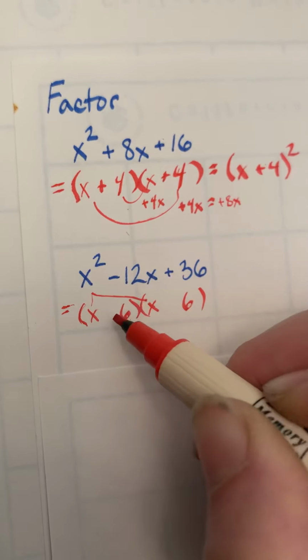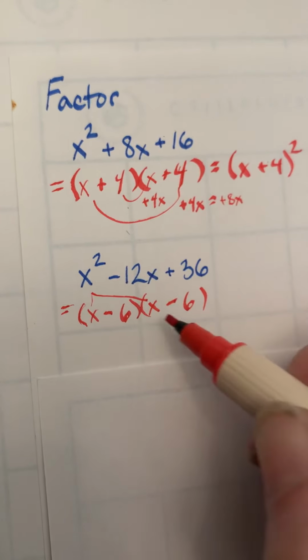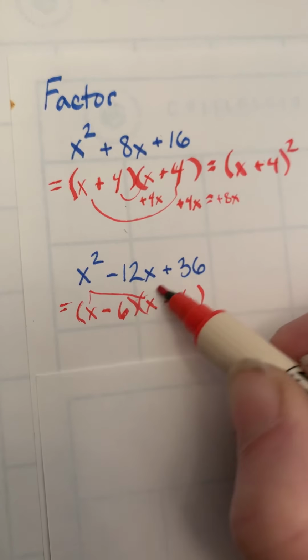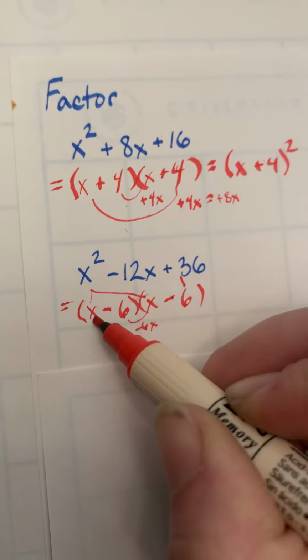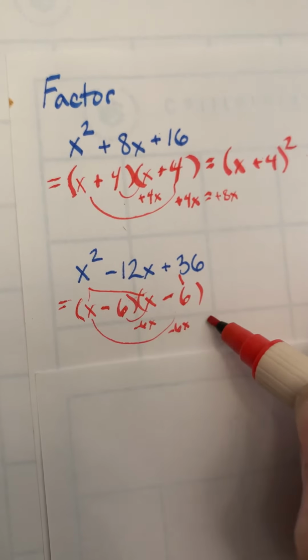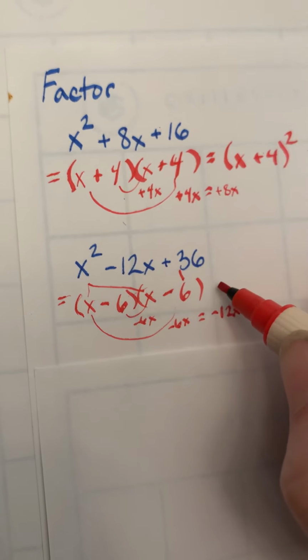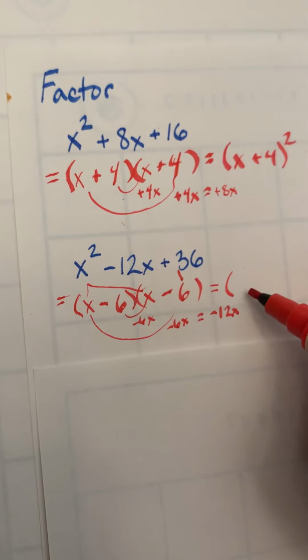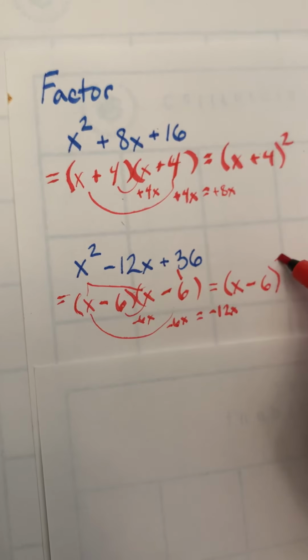But I do want to add to get a negative 12. So these will be negatives. Negative 6 times negative 6 is still positive 36. Negative 6x, negative 6x adds to negative 12x, so we're all good there. They are exactly the same, so we can combine them and write x minus 6 quantity squared.